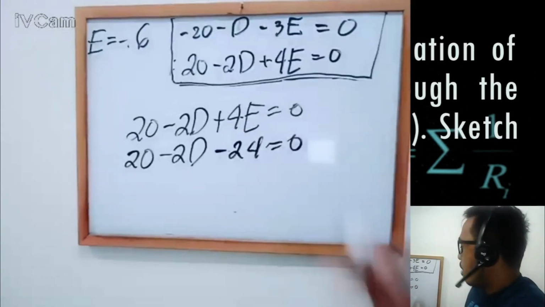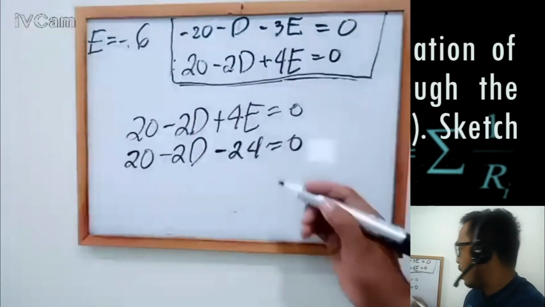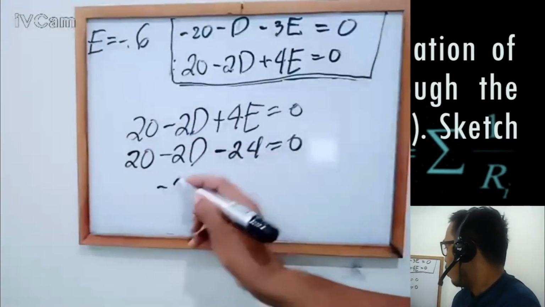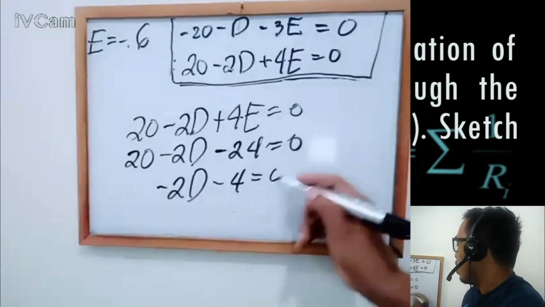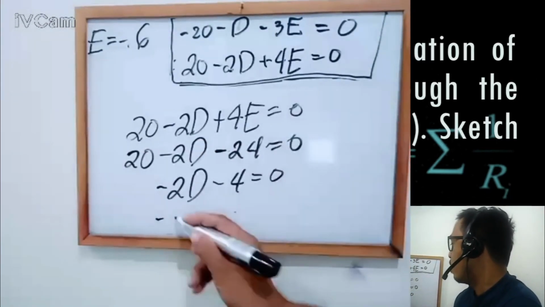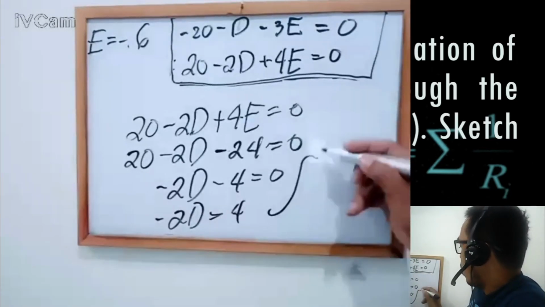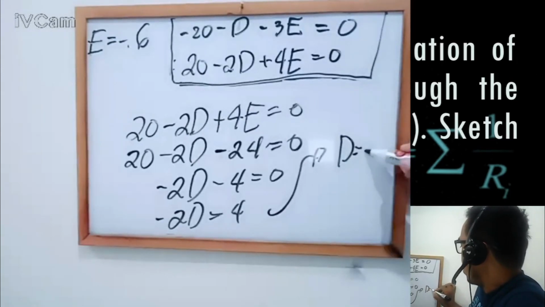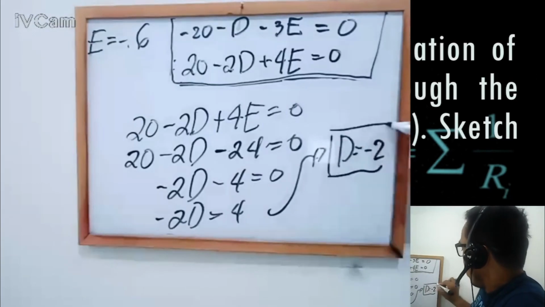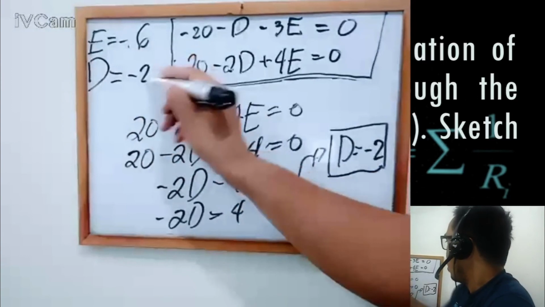Now we have one equation having one unknown, d. It is negative 2d minus 4 equal to 0. Transfer 4 to the other side, so you have negative 2d equal to positive 4. Dividing both sides by negative 2, d is equal to negative 2.